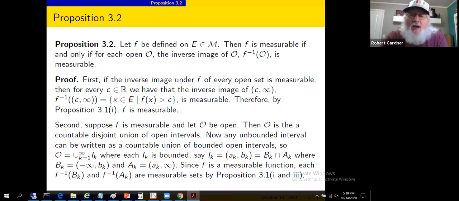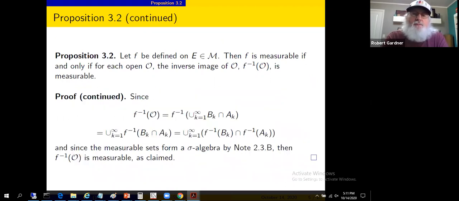Okay, well, we can write O in terms of these A sub k's and B sub k's with some unions and intersections, countable unions and countable intersections, but that's sigma algebra stuff, so we're good. O, we've written as a union from k equals 1 to infinity of the I sub k's, and the I sub k's individually we've written as B sub k intersect A sub k.